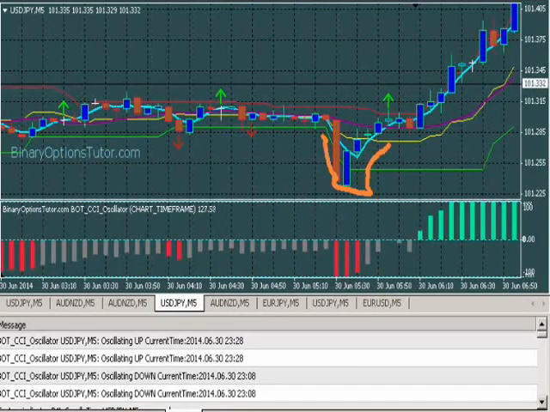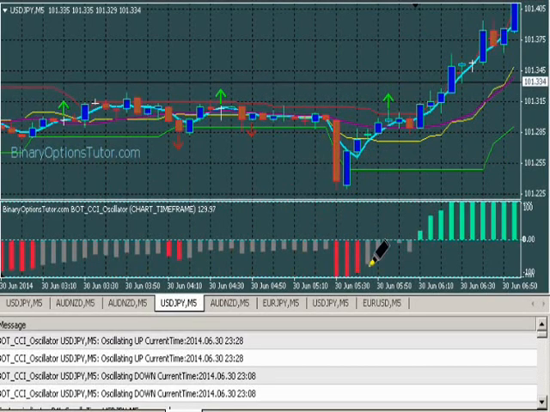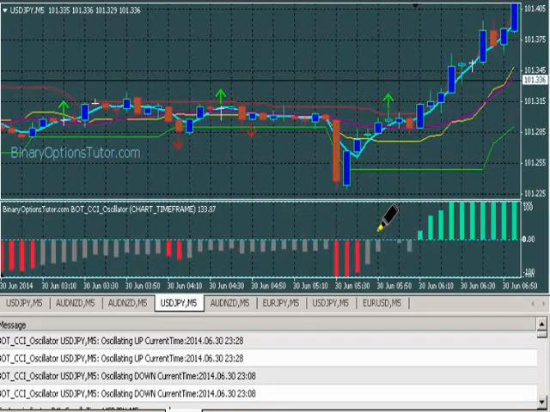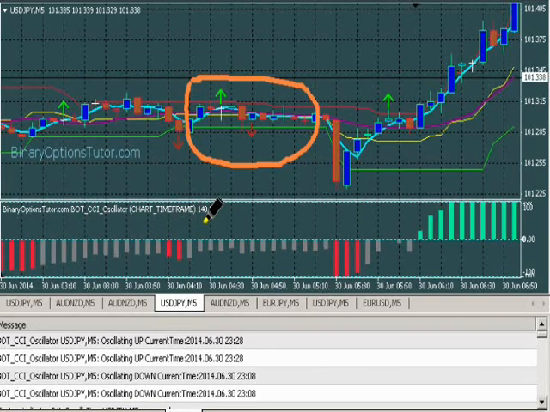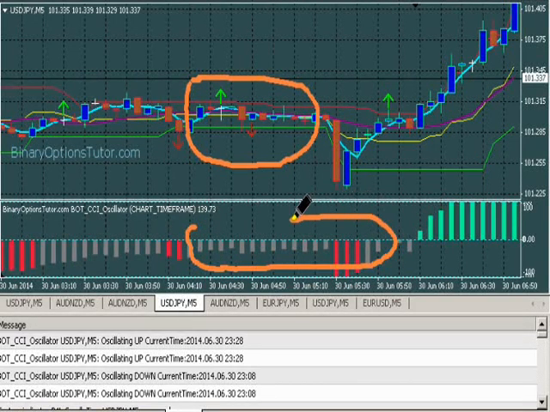As soon as possible is a good place to exit. Don't stick around. And also you've got this gray area right here. You really even had a lot of weakness here in the price action up top. A lot of weakness in a gray area here with these oscillations as well.